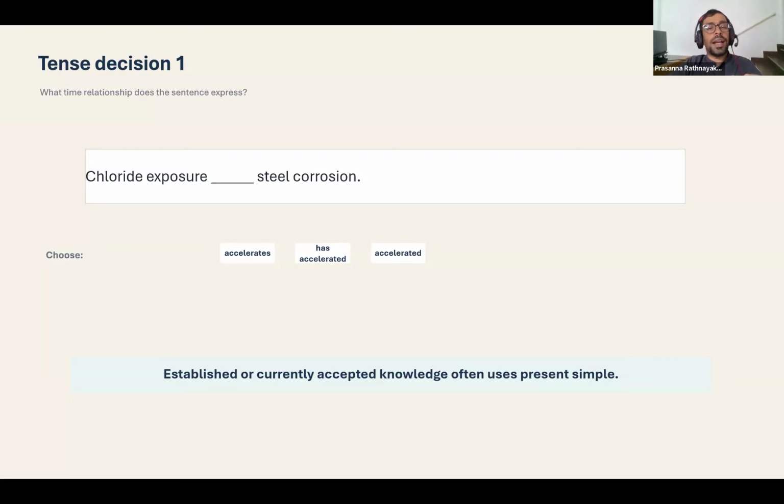And if you change it to accelerated, you are reporting it as something specific to a period in the past, which is not the case here. And if you relate it to has accelerated, you create a different meaning. How? You describe it as a historical change continuing to the present. But here this is accepted knowledge, so it should be presented in simple present tense. So you understand that tense is not only grammar.